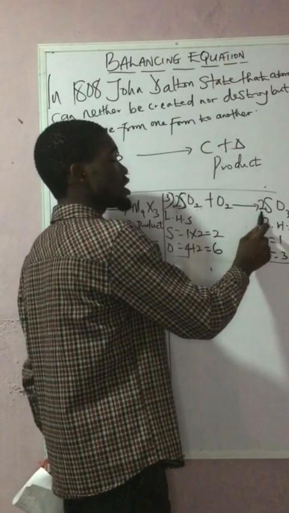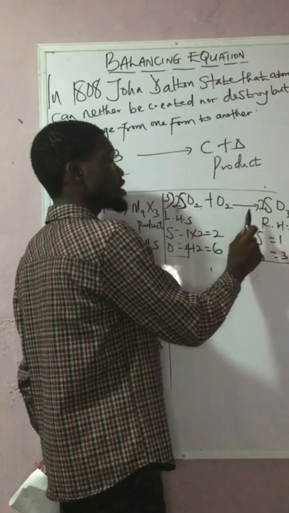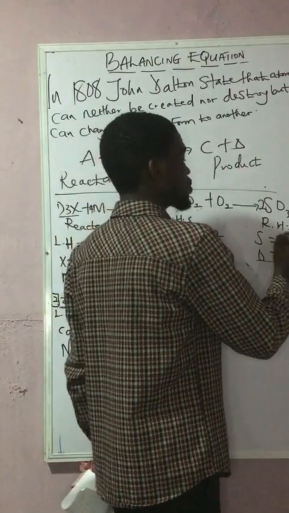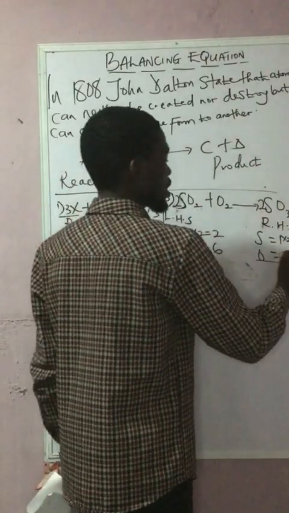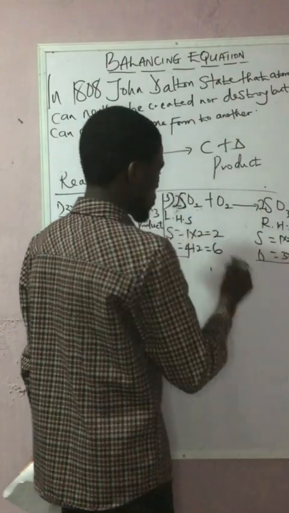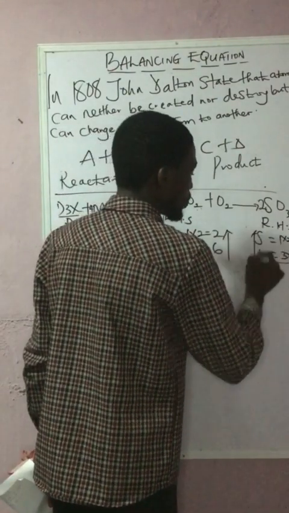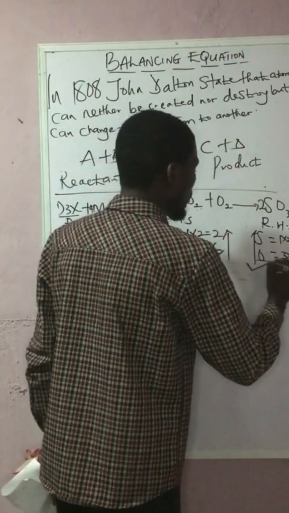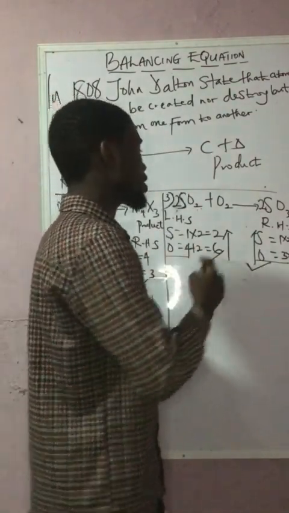For me to have added 2 at the reactant side, then I must also do the same thing at the product side. So that was 1 times 2, we have 2. Then 2 times 3 is what class? We have 6. So you can see 2 is here. Let's have the same thing here also. So the number of atoms at the reactant side is equal to the number of atoms at the product side.